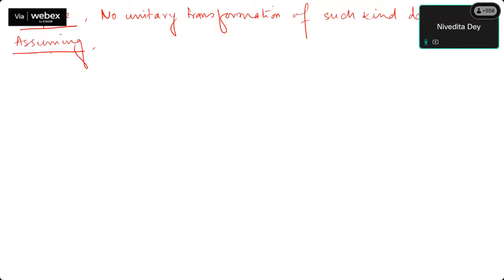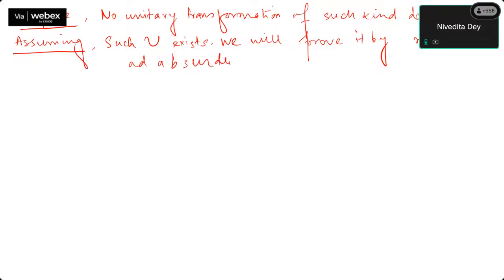We are assuming that such a U exists, and we will prove it by reductio ad absurdum, which in easy words is proof by contradiction.